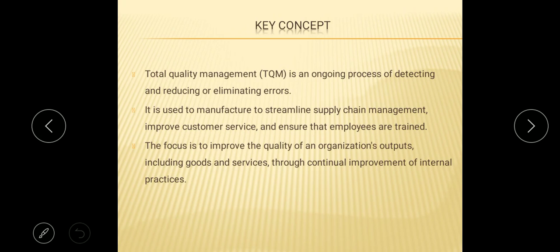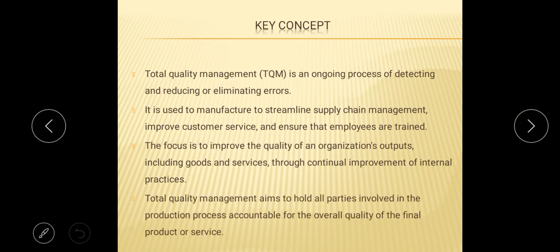The focus is to improve the quality of an organization's output, including goods and services, through continual improvement of internal practices. Total quality management aims to hold all parties involved in the production process accountable for the overall quality of the final product or service.